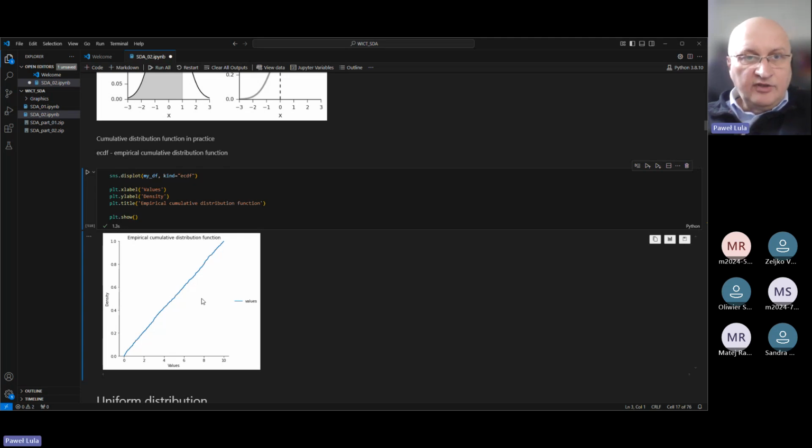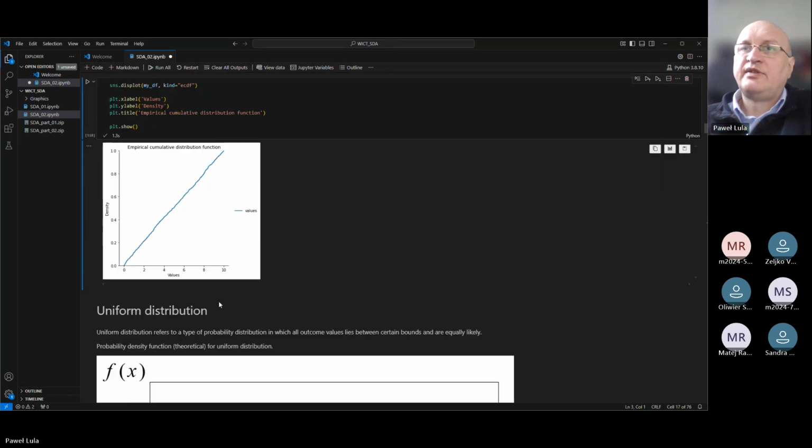Now, having these three tools of description of random variables, I'm going to show you some types of distributions, which are very popular in statistics.